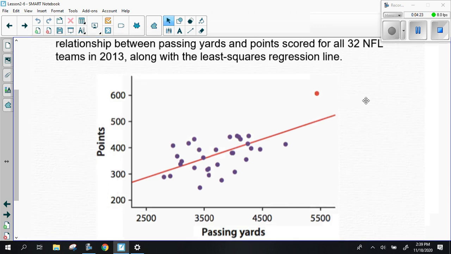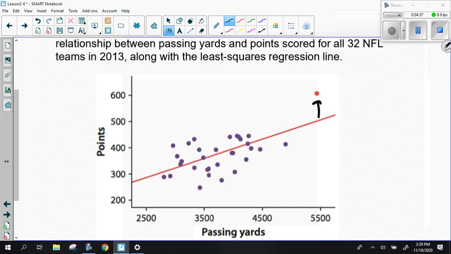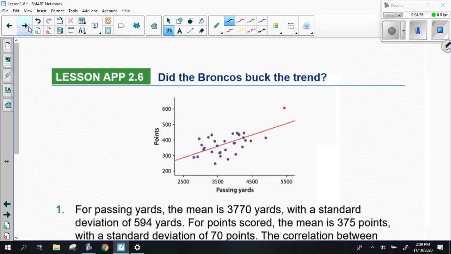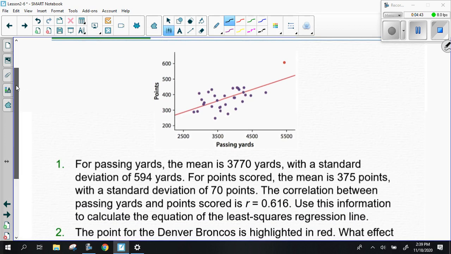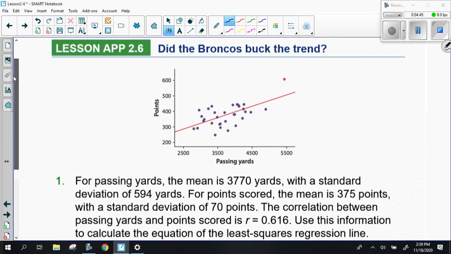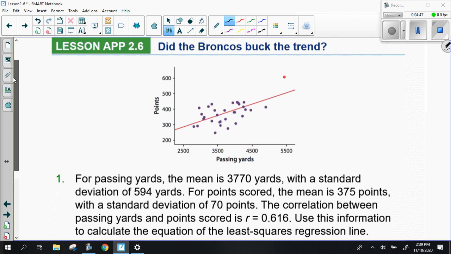What do you think that that's doing to the slope of the least squares regression line? Well, it's probably dragging it up towards it. Let's go ahead and get an example done for you.